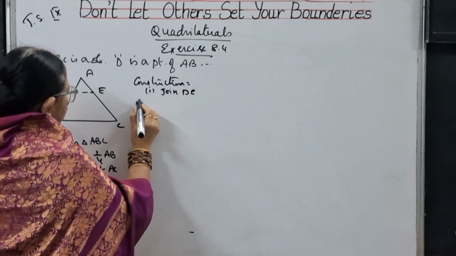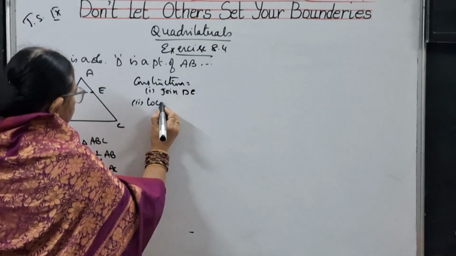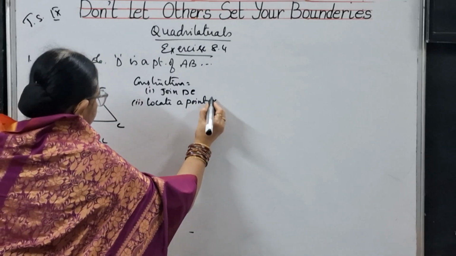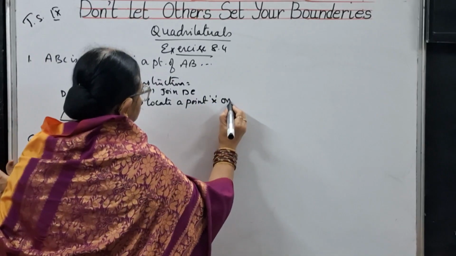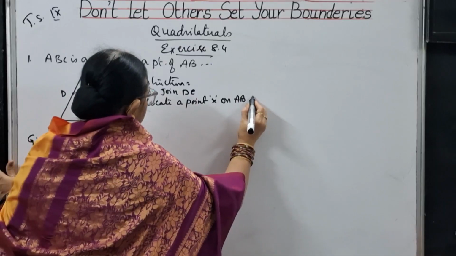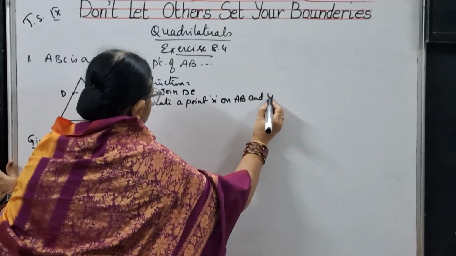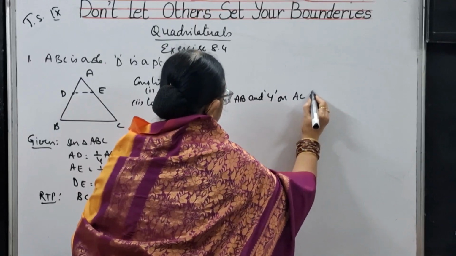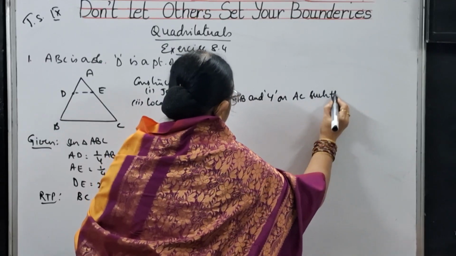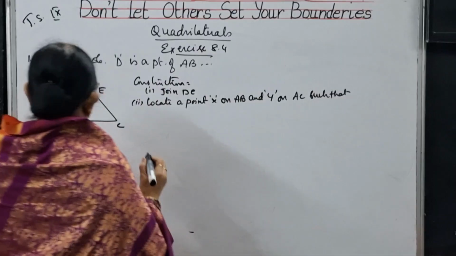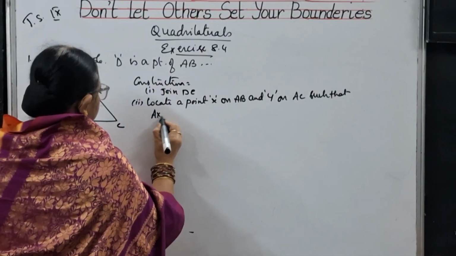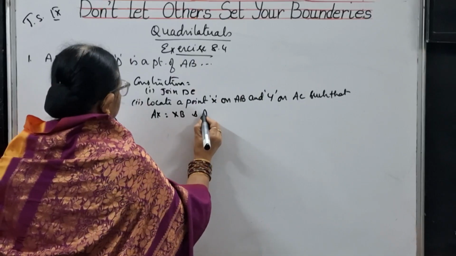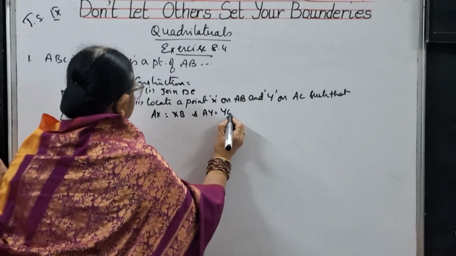Then locate a point X on AB and Y on AC such that AX is equal to XB and AY is equal to YC.